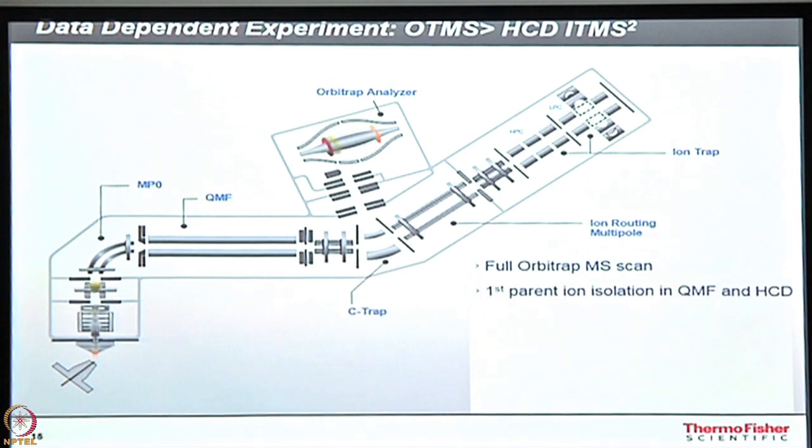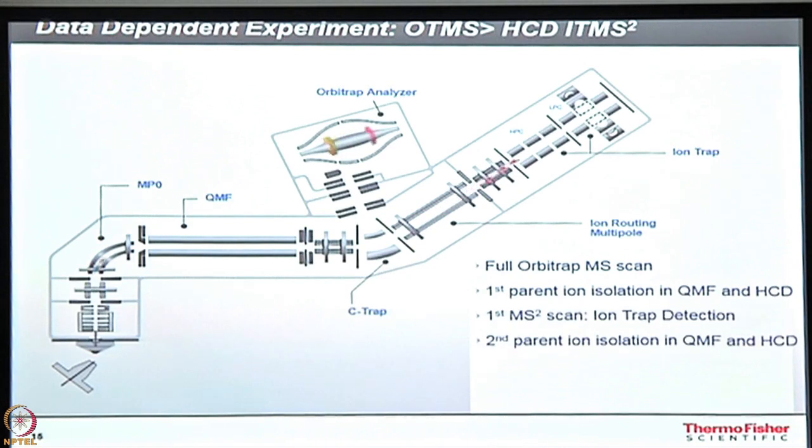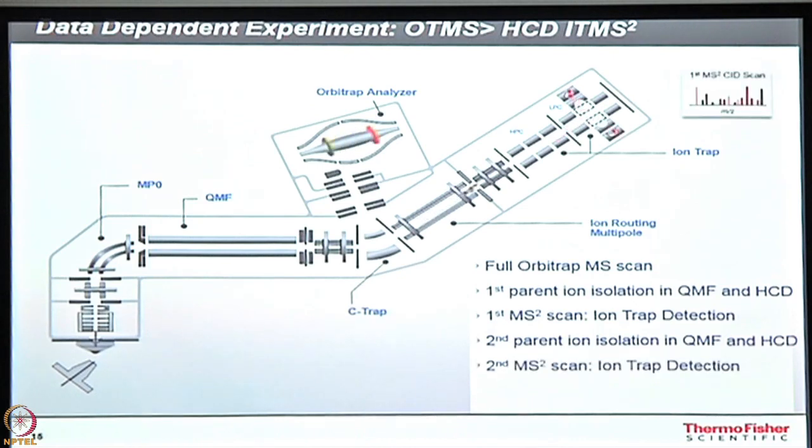Now the first mass comes here and gets fragmented. When it is sent to the ion trap, at the same time the second mass comes out. So the same way, you are doing parallel reactions.